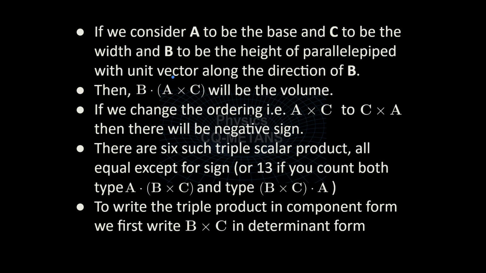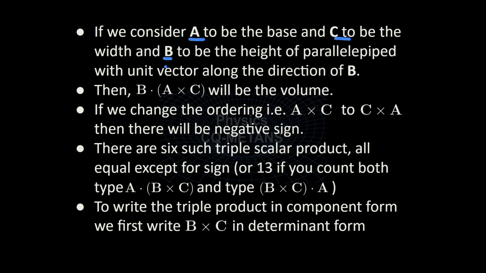So just consider what we have dealt with there. So a is the base, c is the width, and b is not the height, b is that vector. We have to find out the height. So it will be b cos phi.